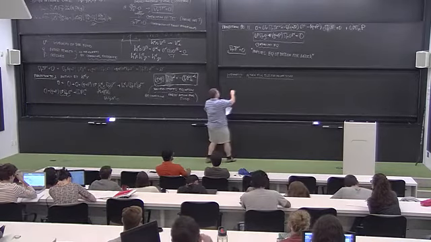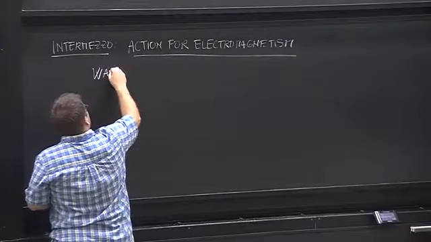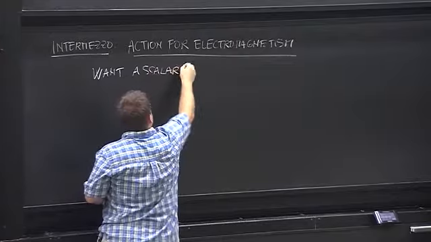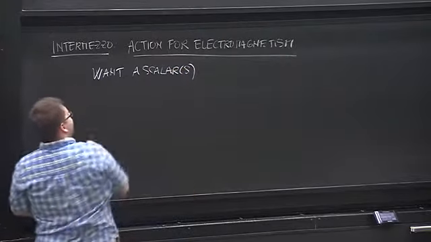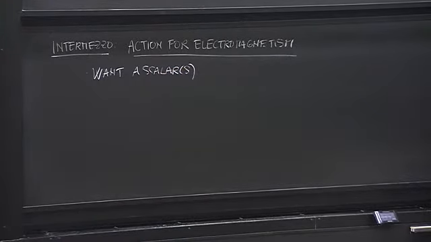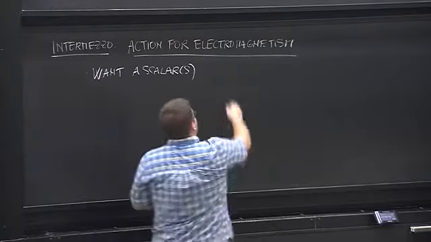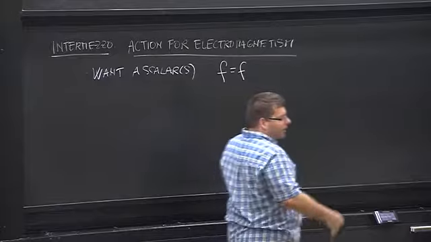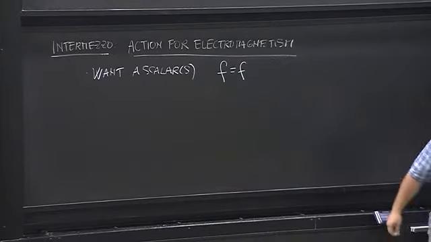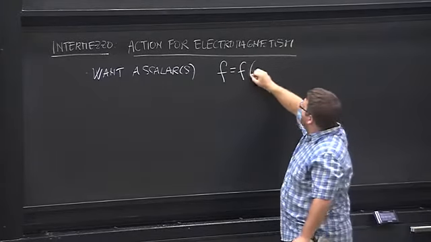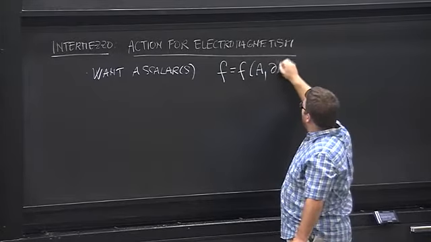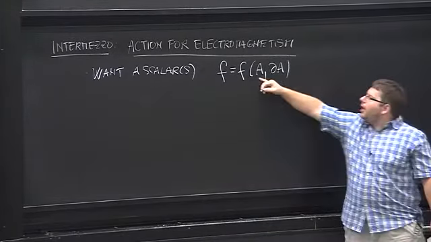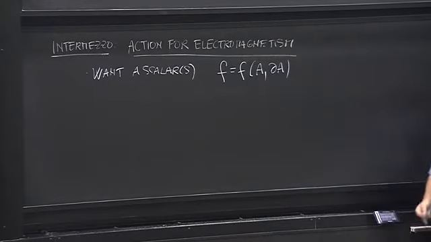Okay, so we want scalars that depend on, let's call it f, which is my Lagrangian for the electromagnetic field, and that will depend on my vector potential. Let's do it in flat space first. So it depends on A and the derivative of A.